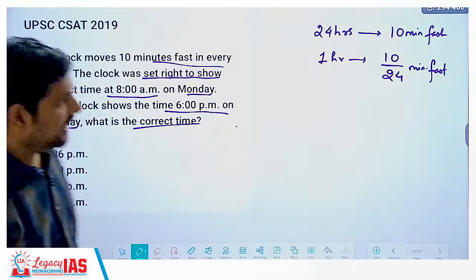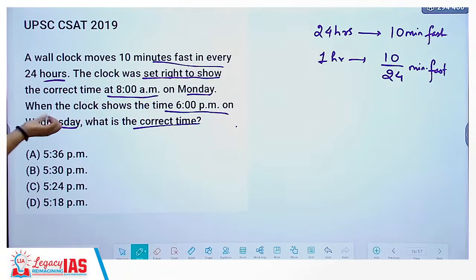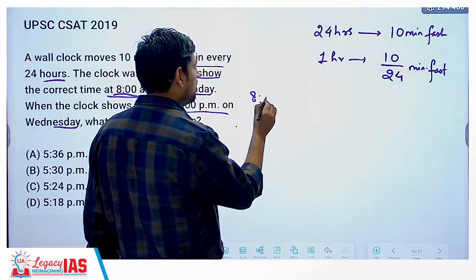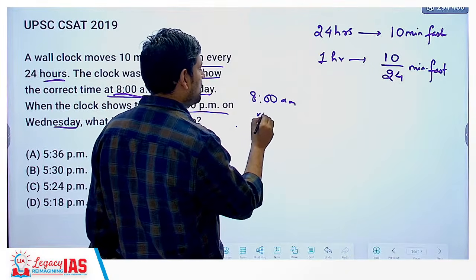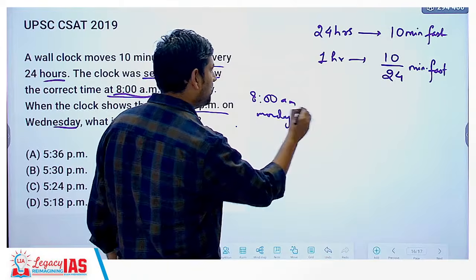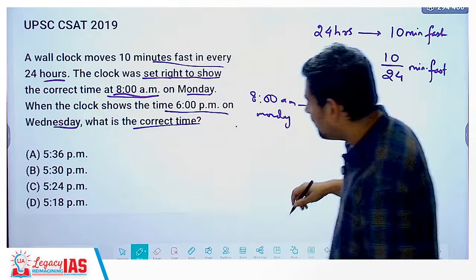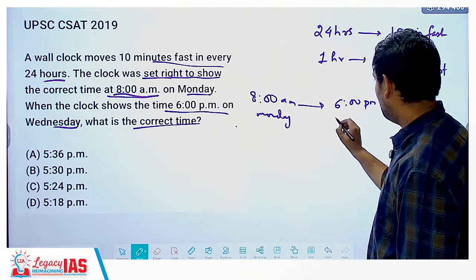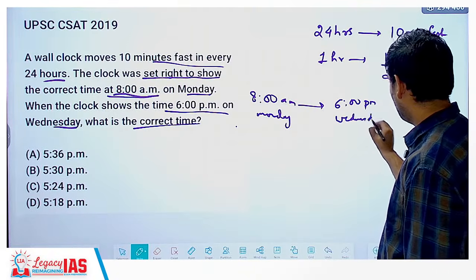Fine till here. Then it says the clock was set right at 8 a.m. on a Monday. So now we are talking about 8 a.m. on a Monday, and we have to go till 6 p.m. on a Wednesday.